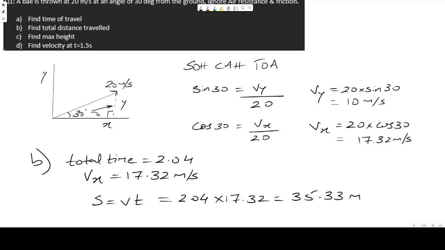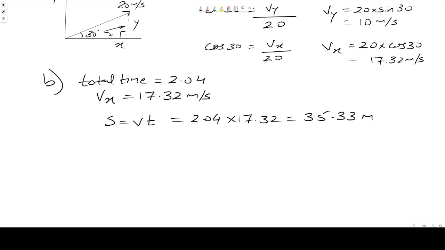Now, let's do the next part, find the maximum height. We found out that the maximum height happens at the peak. And at the peak, we know my velocity in the y direction was 0, and we know that t was equal to 1.02, which we had found earlier. So I have my time, my v initial, my v final.